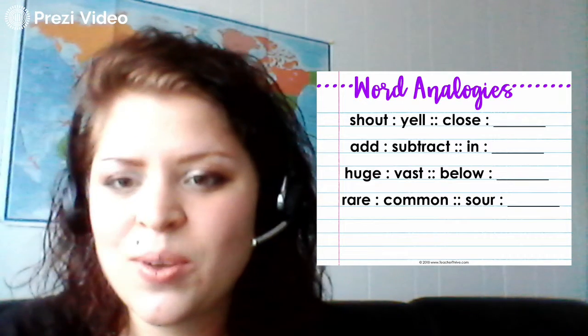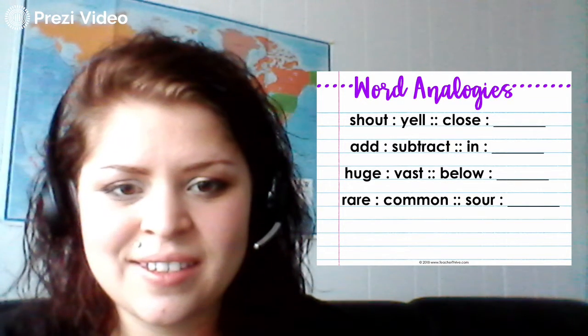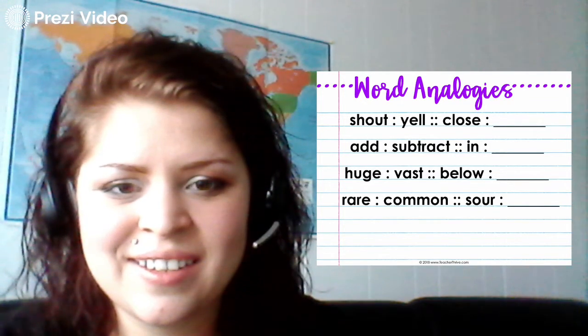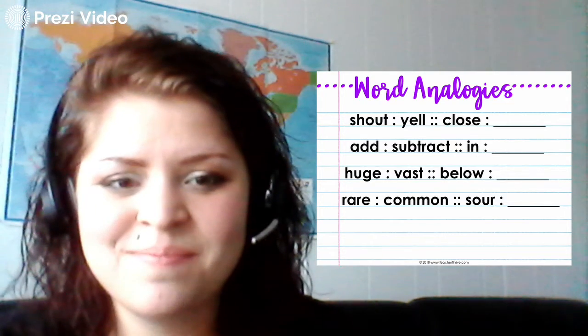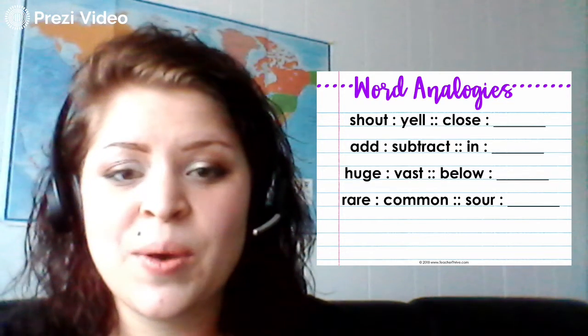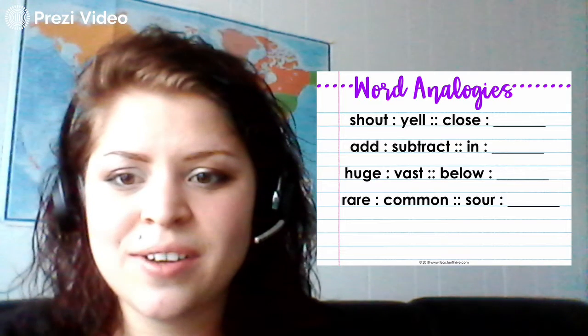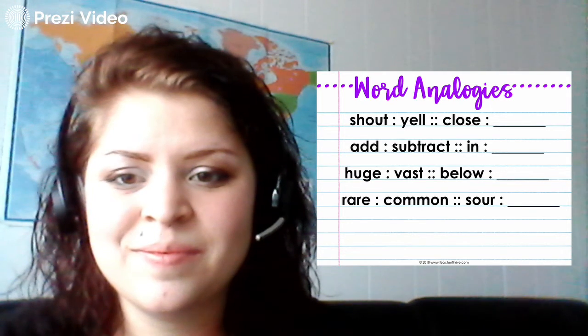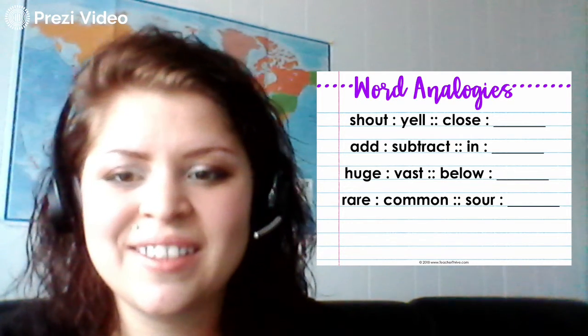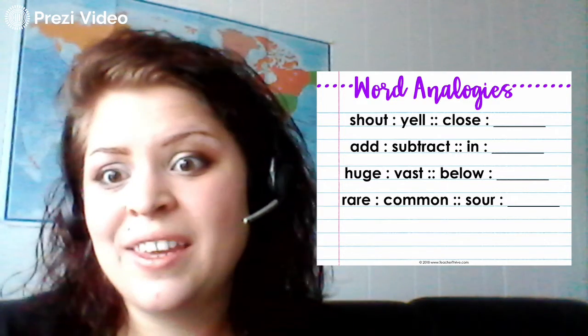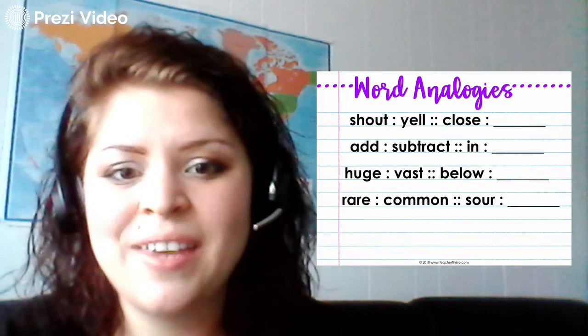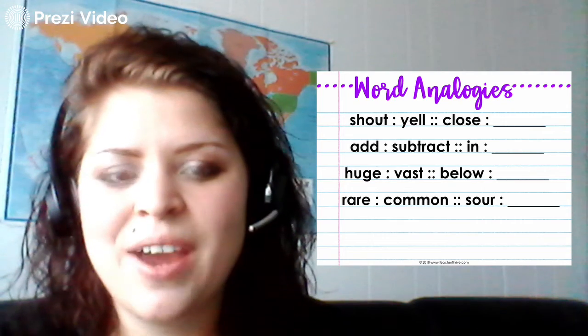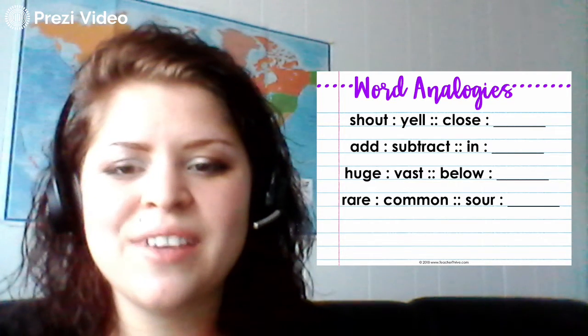Are they synonyms or antonyms? Antonyms. So, what is an antonym for sour? The most commonly used antonym for sour is sweet. So, rare is to common, as sour is to sweet.